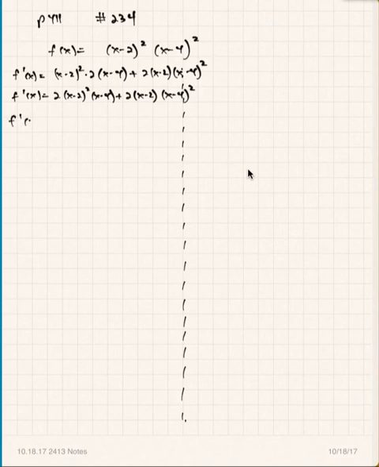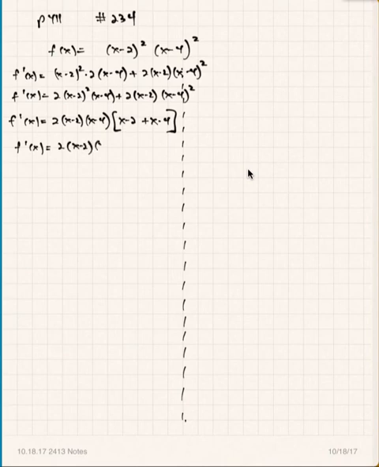And then what I would do is I would factor out a 2 and an (x minus 2) and an (x minus 4). And when you do that, you're left with an (x minus 2) in the first term and an (x minus 4) in the second term. And so f prime of x would be 2 times (x minus 2) times (x minus 4) times (2x minus 6) right there.